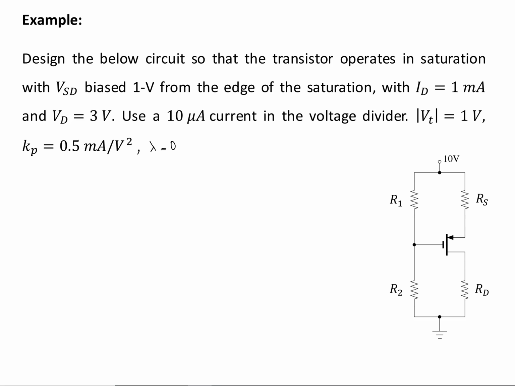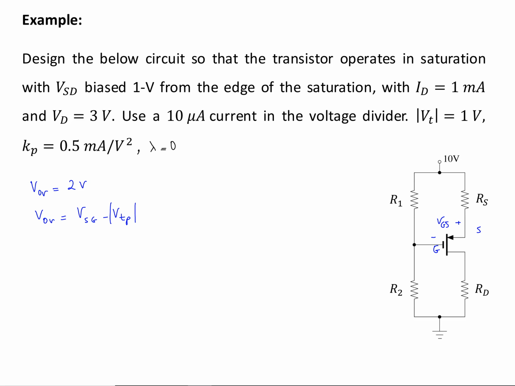I have V overdrive and I have Vs. I'm going to get the value of the gate voltage. This is plus minus VSG. So this is my source node and this is my gate node, and I'm going to use that information to calculate R1 and R2. So V overdrive was equal to 2 volts, and I know that V overdrive, based on definition, is equal to VSG minus VT. And in this equation, I need to use VT with its absolute value.